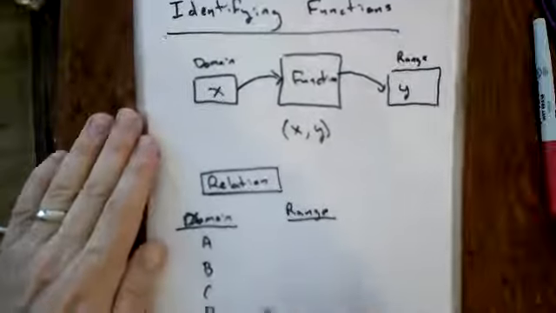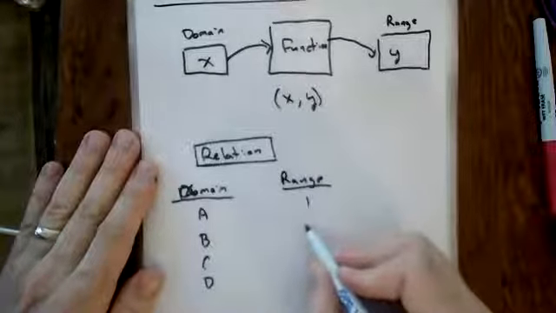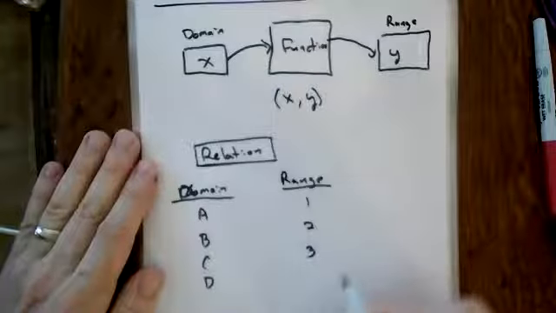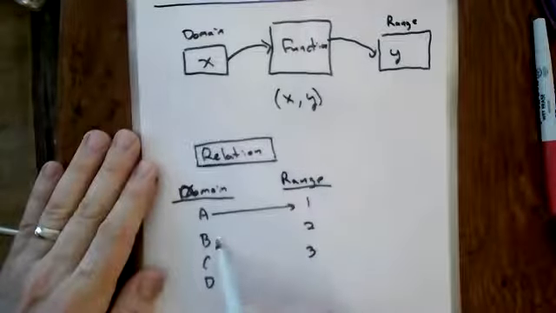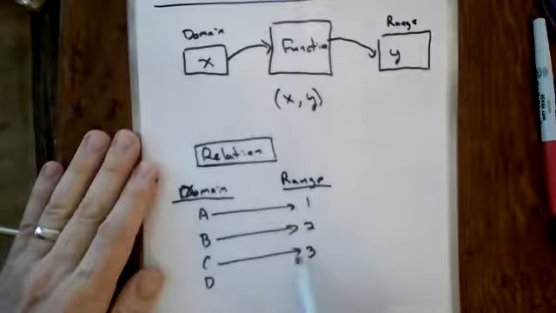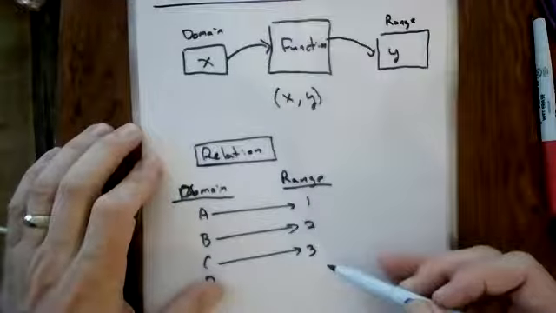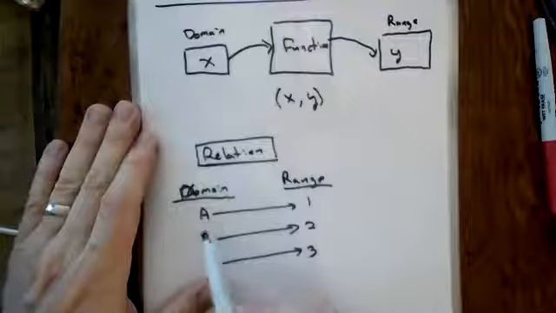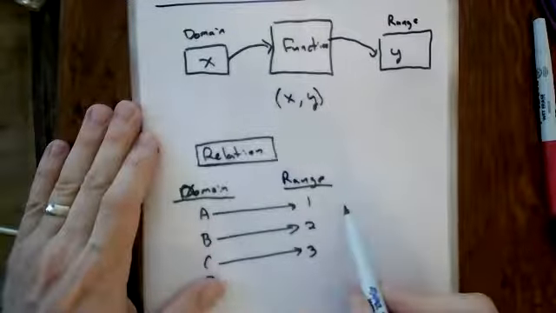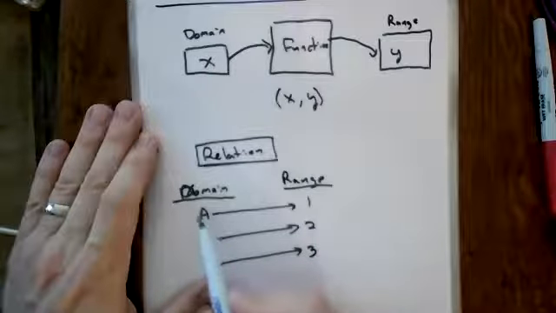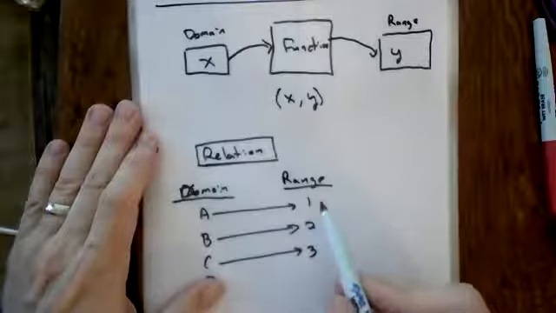Say I've got A, B, C, and D, and I've got 1, 2, 3. I could say A maps to 1, B maps to 2, C maps to 3, and so far this relationship would be a function. A only maps to one thing. Every member of the domain only maps to one item in our range.